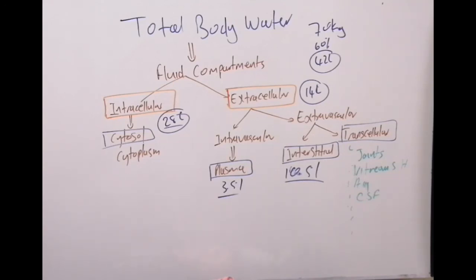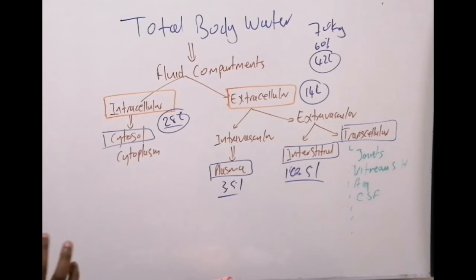When you say someone is dehydrated, which compartment has lost a lot of fluid? If you have lost intravascular, you get hypotension. If you have lost intracellular, that's dehydration. So we're going to talk about those things in detail.